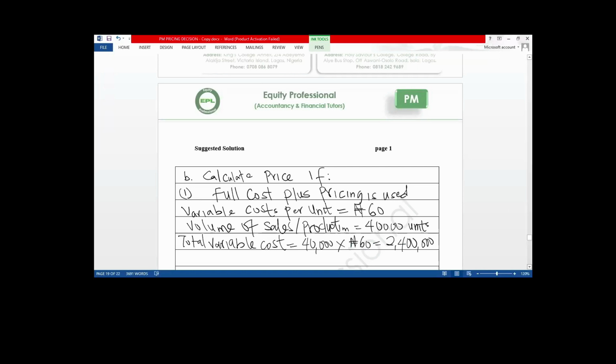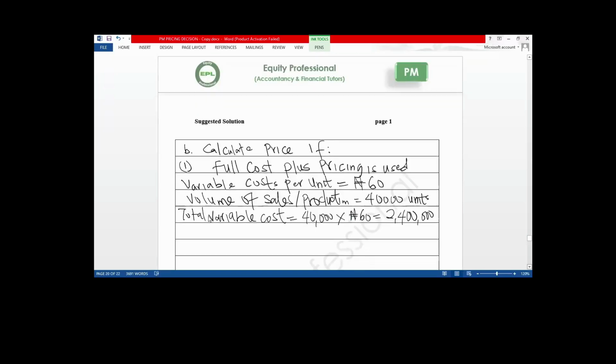Next, our total fixed cost. Total fixed costs. We have fixed production cost. How much, please? 300,000. Thank you, 300,000. Next, we have non-production cost.